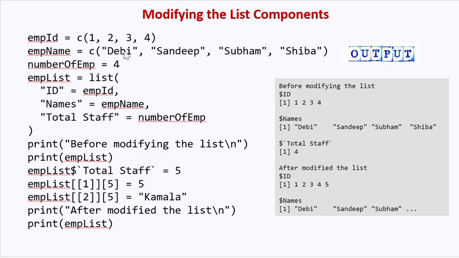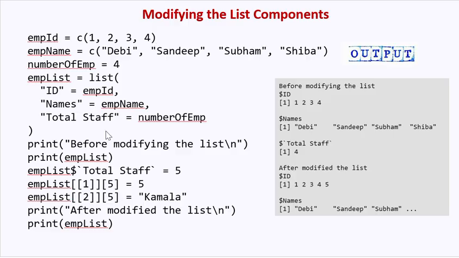It will count the number of values here, and after 4, in the 5th position it will be added. So this EMP list of 1 5 equal to 5 means this 5 is the employee ID of the new employee which is added as the next element after 4.